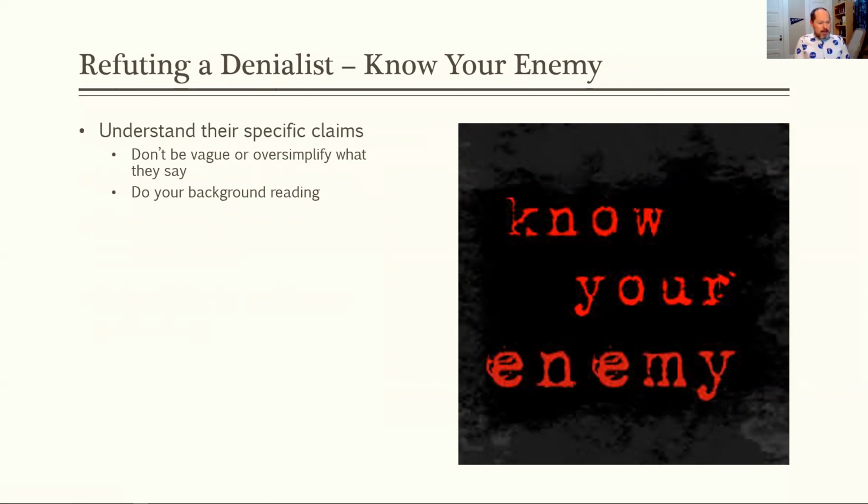So if you were writing about, for example, Holocaust denial and those denialists, yes, you would need to understand what Holocaust denialists actually say. If you did some background reading, you would find they don't actually just say the Holocaust didn't happen. They often will say, lots of Jews died, but not as many as 6 million, which is the number that's agreed upon by historians.